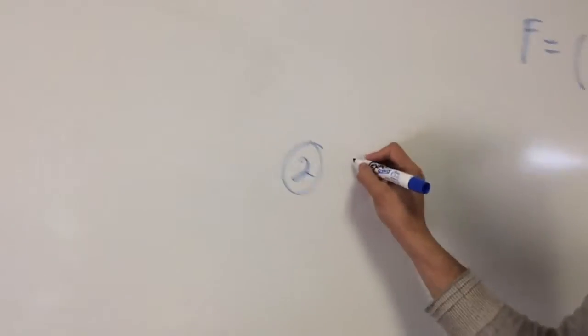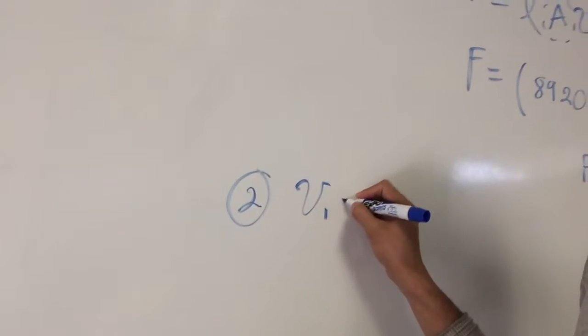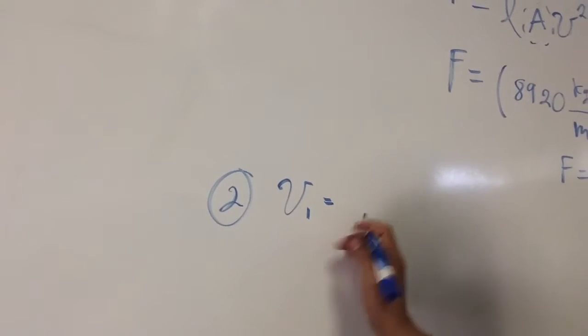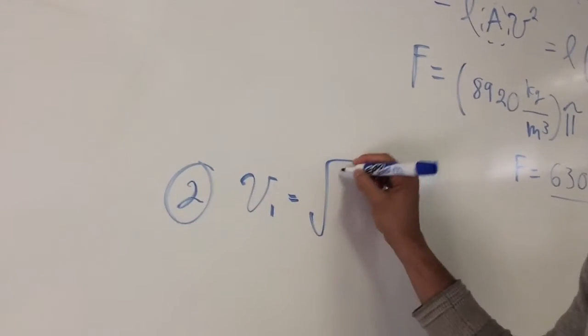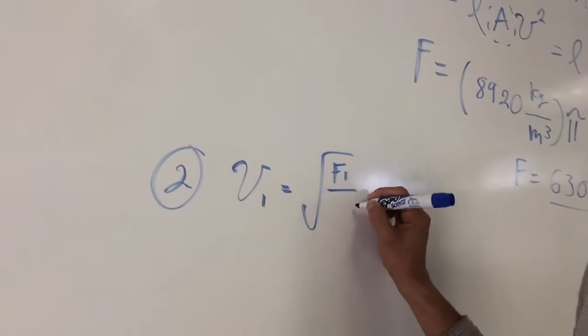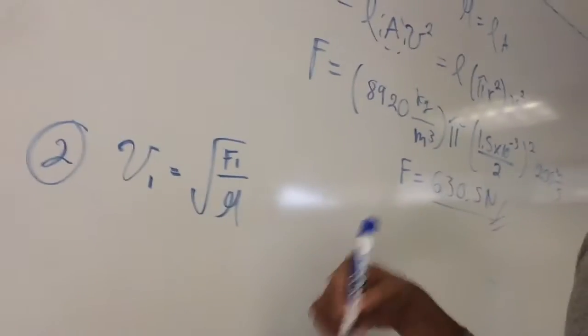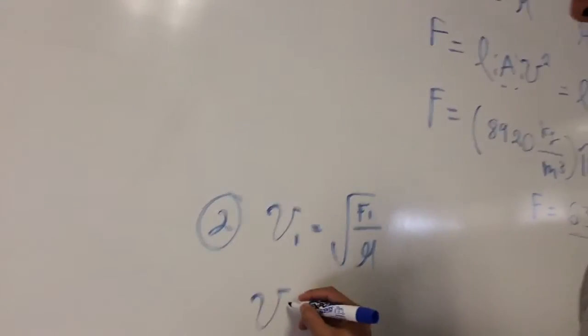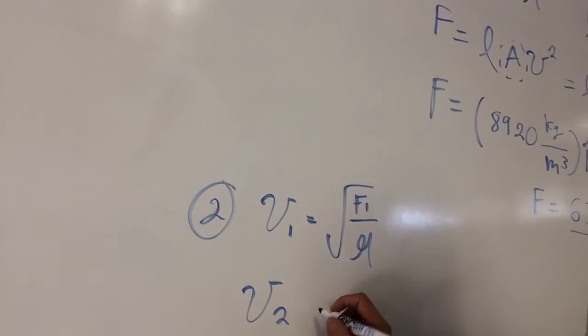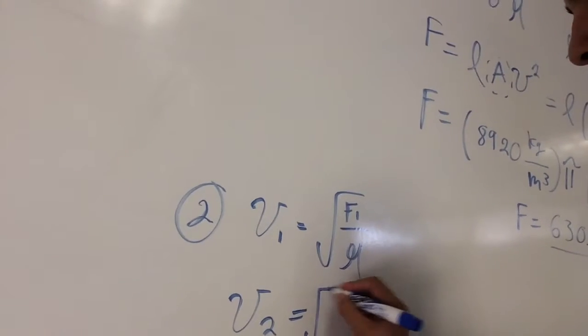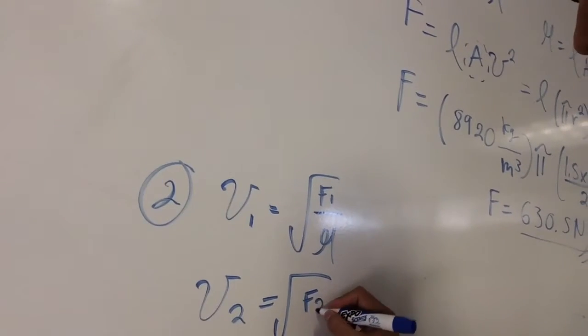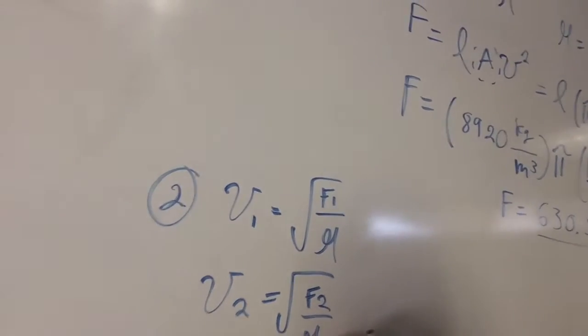So we know that velocity 1 is equal to the square root of force 1 over the linear density. And we also know that the velocity 2 is equal to the square root of force 2 over the linear density.